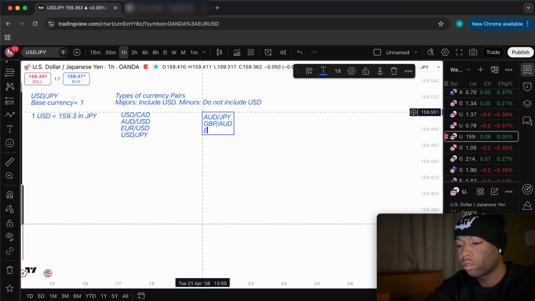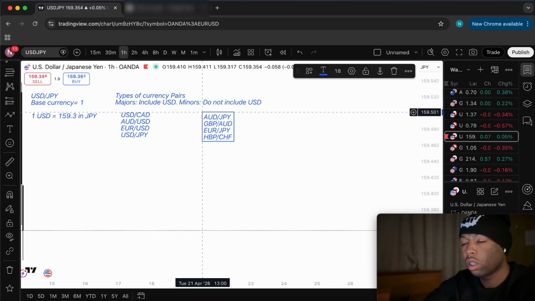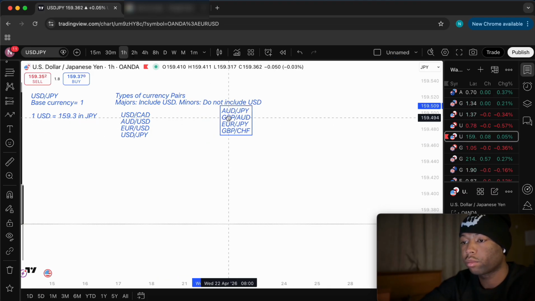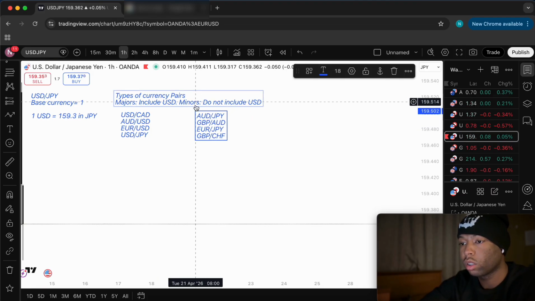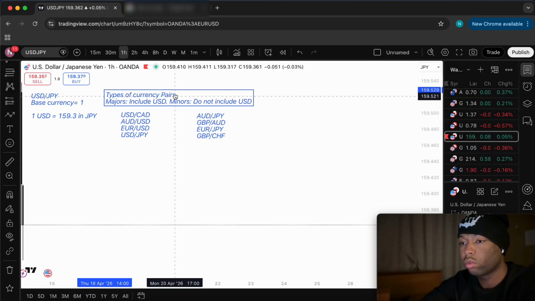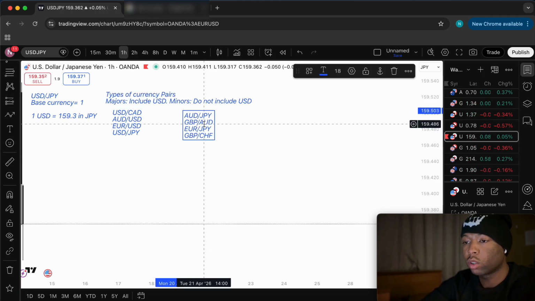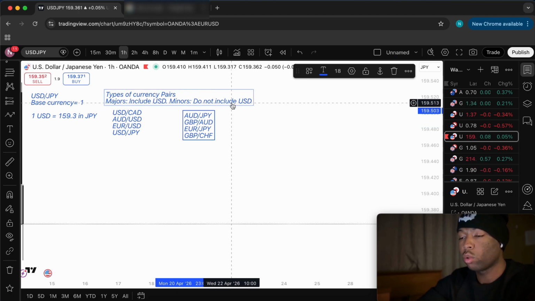You can have the Euro versus the Japanese yen, and also the Great Britain pound versus the Switzerland dollar. Alright, so these will be all minors because they do not include the US dollar. Okay, so remember, majors include the US dollar, minors do not include the US dollar.